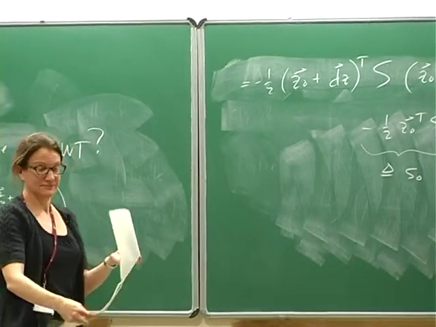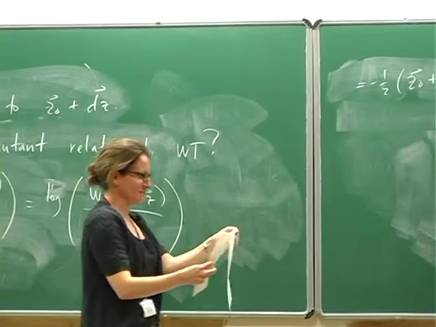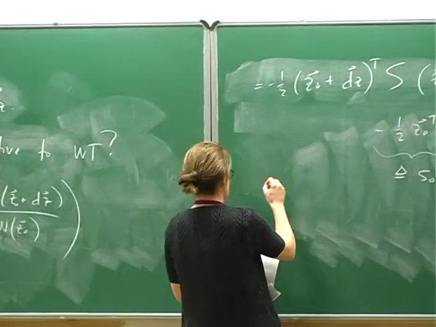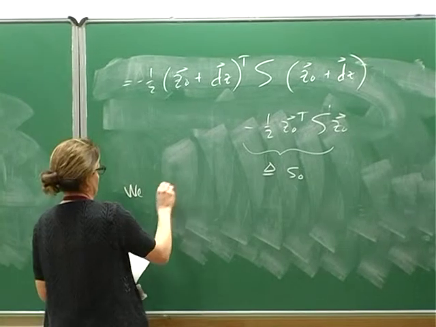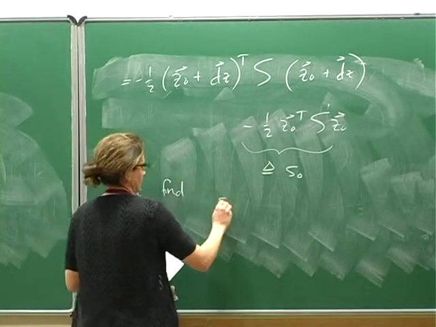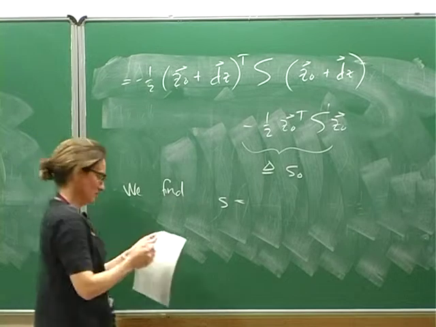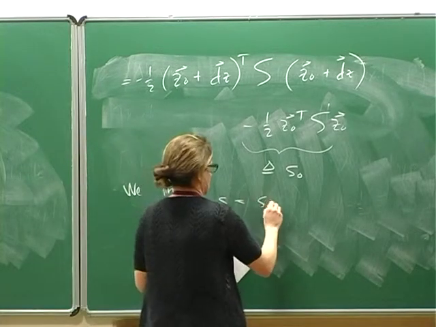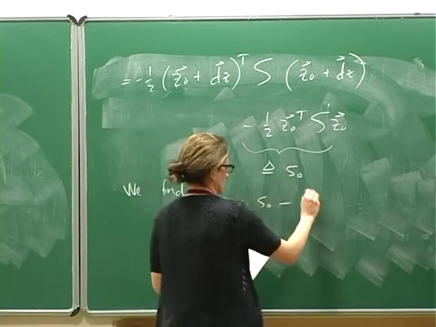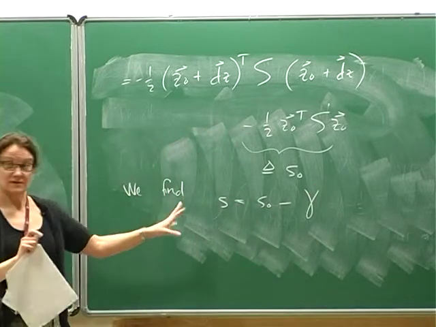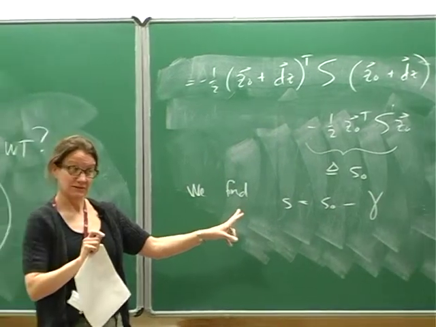Okay, we're almost there. For those of you that are just letting it wash over, the selective effect of the mutant is some constant S0 minus a distribution, gamma.